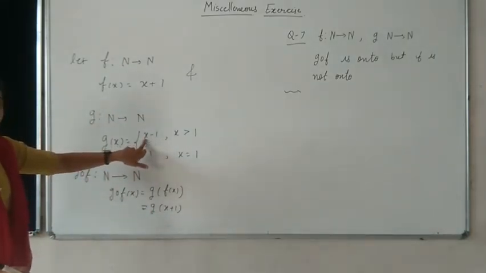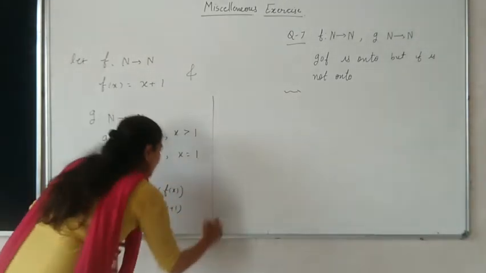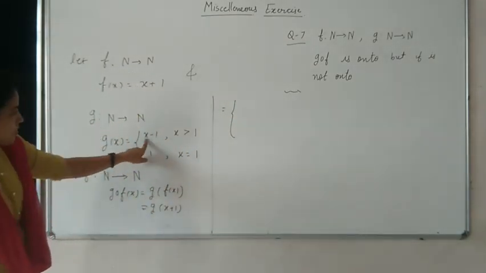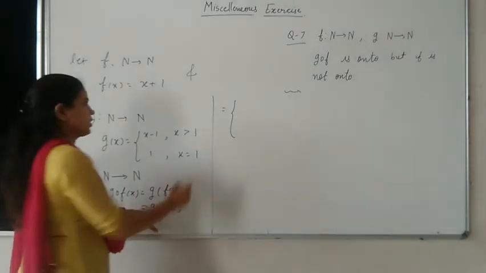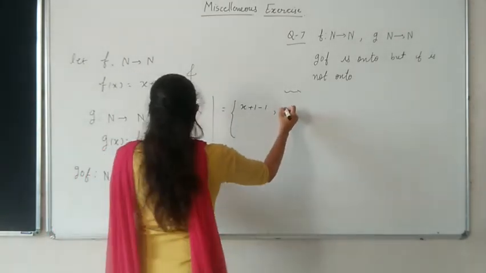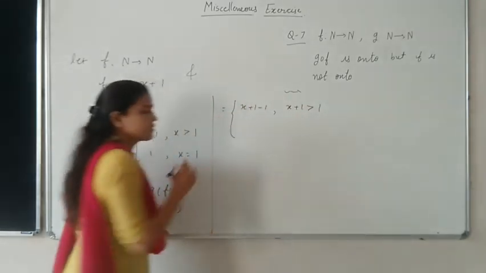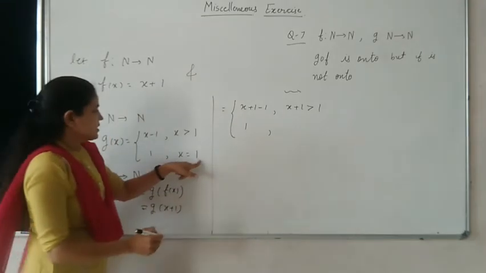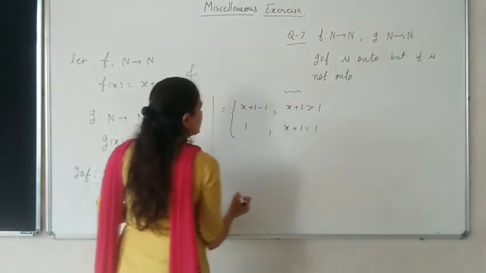Now, how is it defined? x minus 1 is like this. So I can write g of x is equal to x minus 1. So I just replace x by x plus 1. So this is x plus 1 minus 1 where x plus 1 is greater than 1, and 1 if x plus 1 is equal to 1.